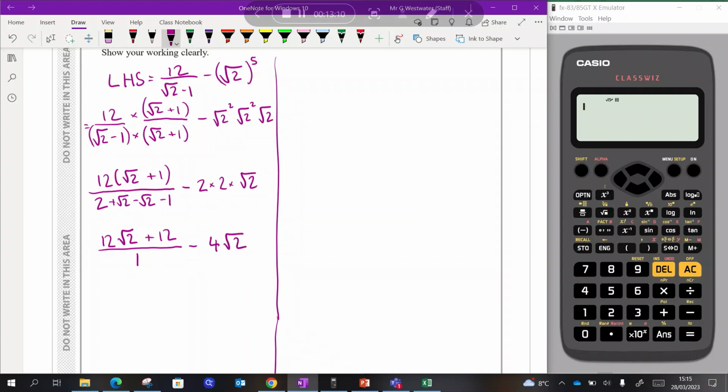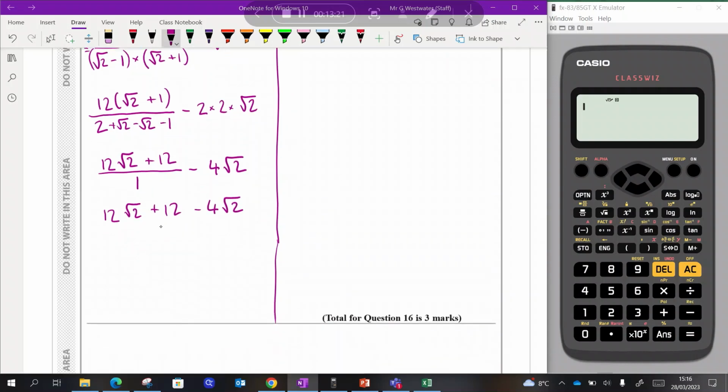So I've got 12 root 2 plus 12 minus 4 root 2 as a solution. But I can go a little bit further. I can combine 12 root 2 and minus 4 root 2 to have 8 root 2 plus 12.